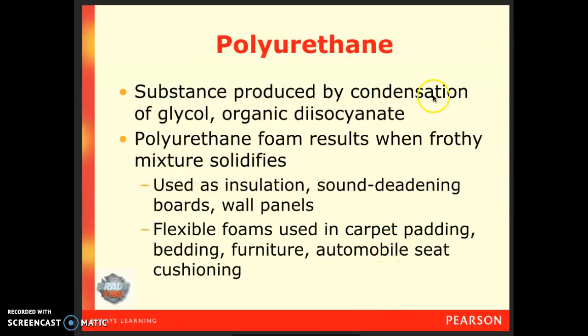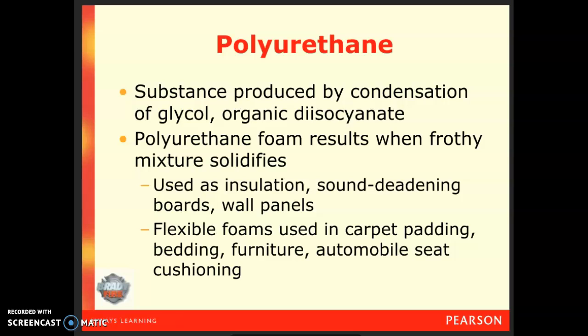The last one that we're going to look at here is something called polyurethane. Polyurethane comes not so much from a vinyl derivative, but when these two substances, glycol and diisocyanate, come together, they form kind of a frothy mix.